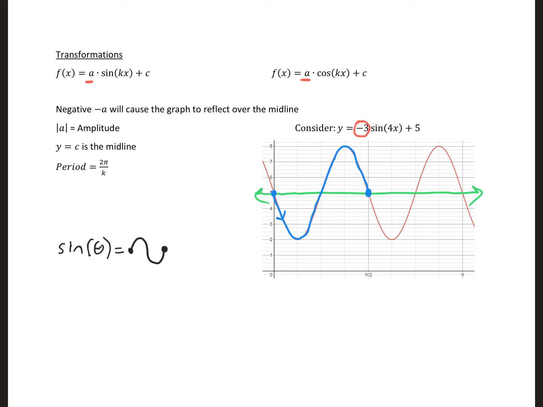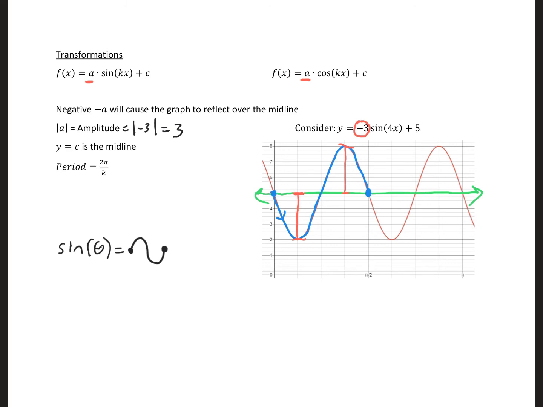The next thing is that the absolute value of whatever that a is will be equal to the amplitude. So in our graph, we've got -3. The absolute value of -3 is 3. Notice how the distance from the midline down 1, 2, 3 units, or from the midline up 1, 2, 3 units, the amplitude is going to be 3.